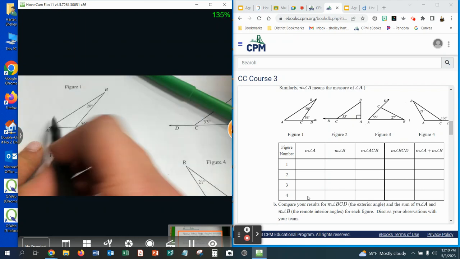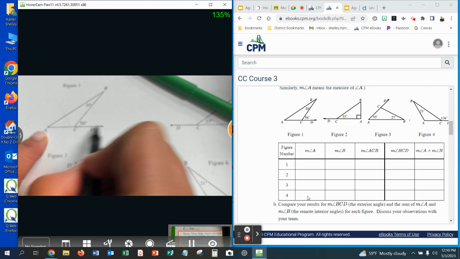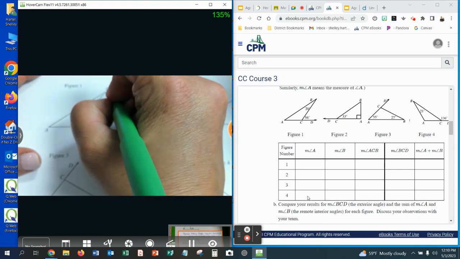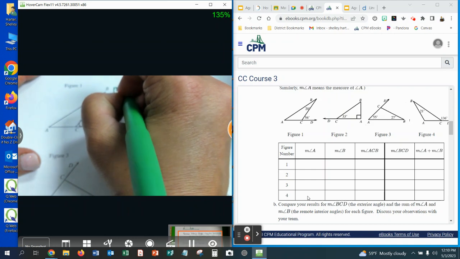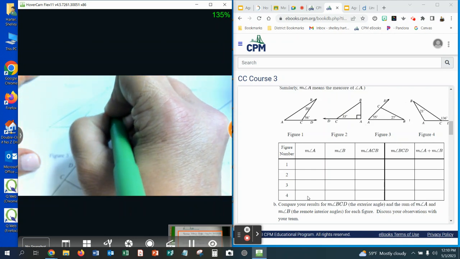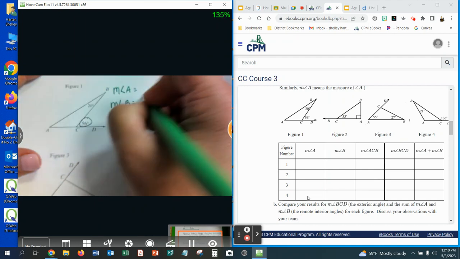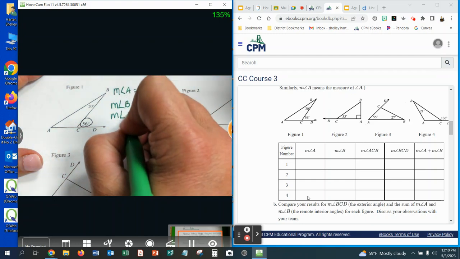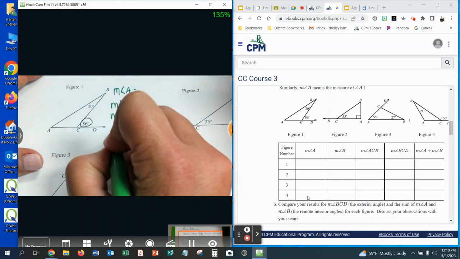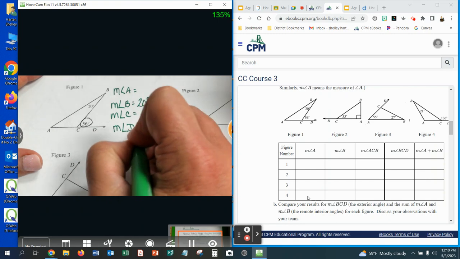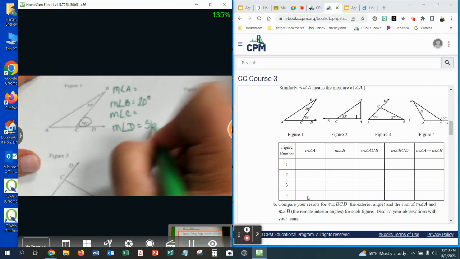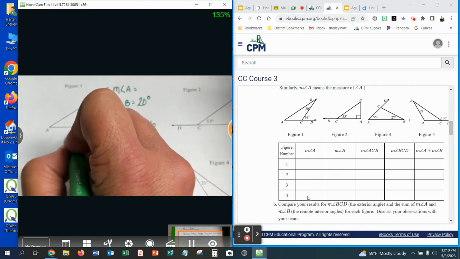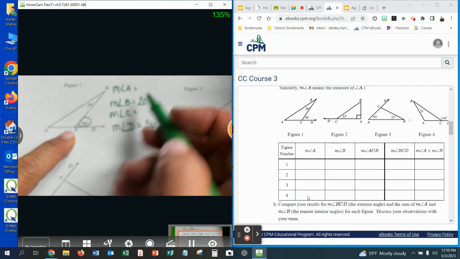What we're missing here is angle A and angle C. Angle D is 56 degrees. So let's write what we have. We have angle A. We don't know what it is, but we do know angle B is 20 degrees. We don't know what angle C is, but we do know angle D is 56 degrees. Well, you should know that angle D plus angle C equals 180 degrees.